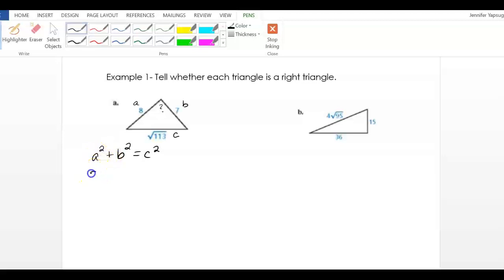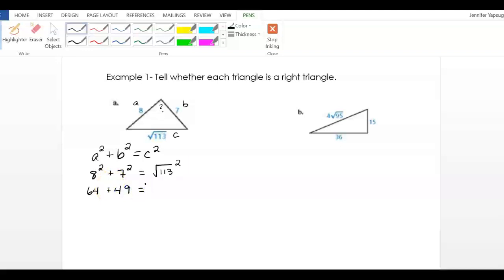So I'm going to plug in 8 for A, and I'm going to plug in 7 for B, and I'm going to see if that is equal to the square root of 113 squared. All right, so 8 squared I know is 64, and 7 squared is 49.